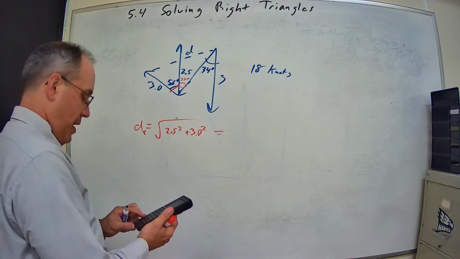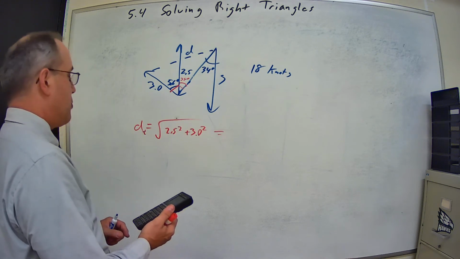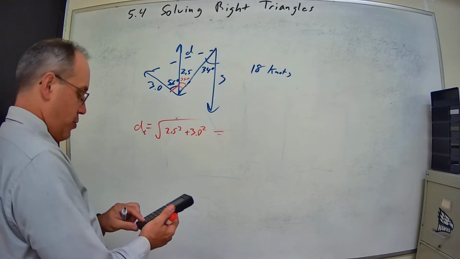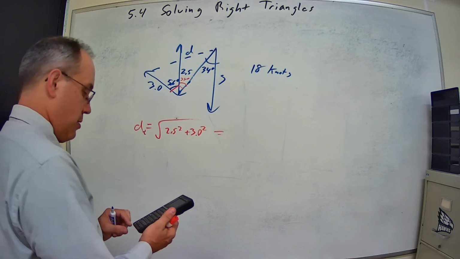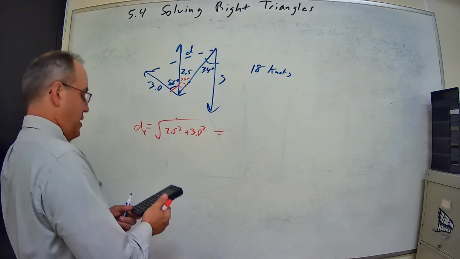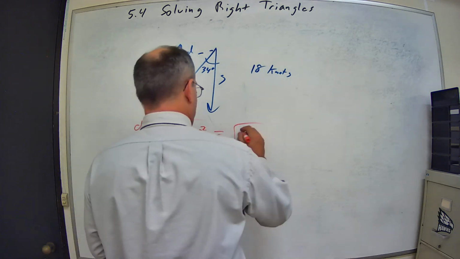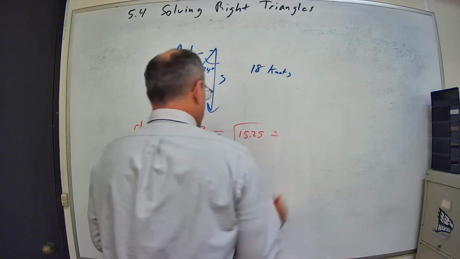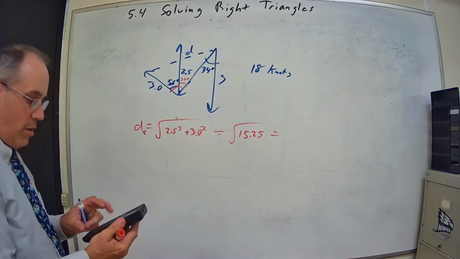Got 2.5 squared, which is 6.25. 3 squared is 9. Add those up, we get 15.25. So the square root of 15.25. So that's going to be just under 4.